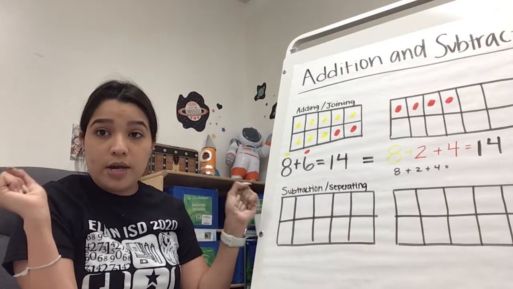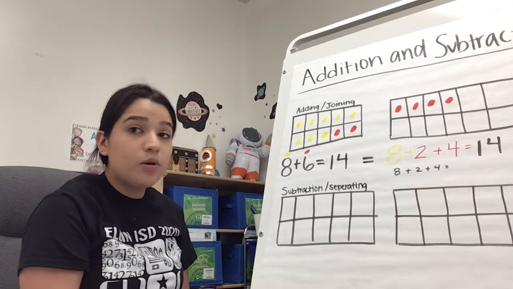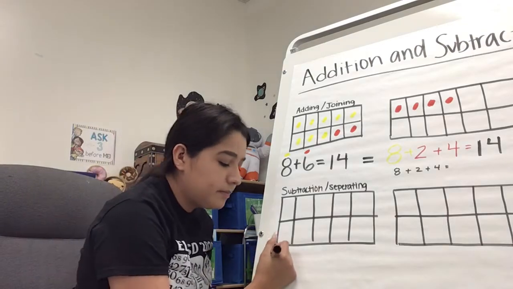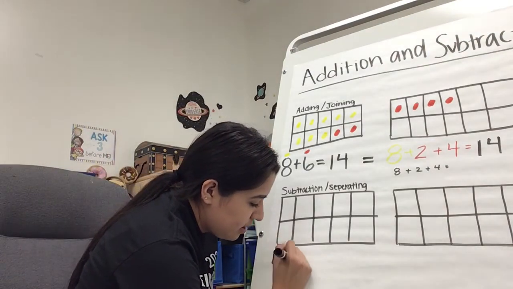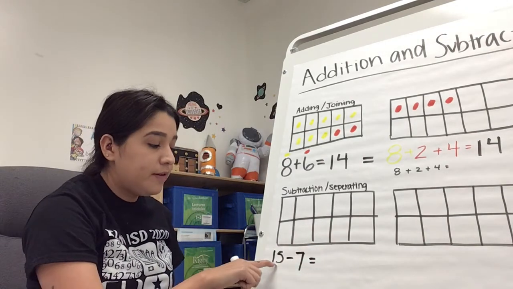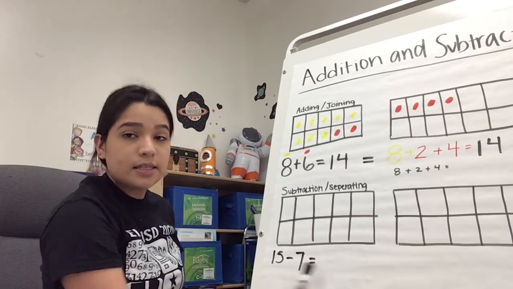You are separating it from the total. So our problem for subtraction is going to be 15 minus 7. So 15 minus 7, we are trying to find the difference.